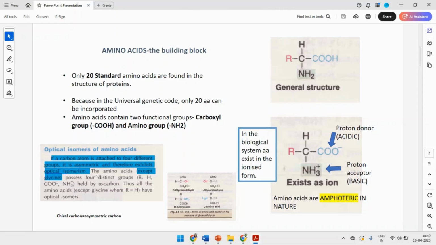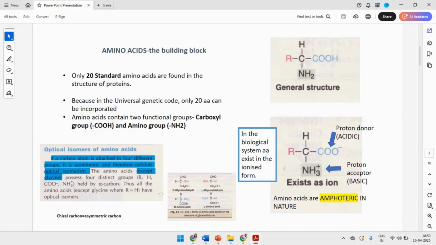Now, we know about optical isomerism, right? For example, अगर कोई carbon atom है and it is attached to four different groups, then we call that carbon to be asymmetric in nature and we say that it exhibits optical isomerism, right? Now, out of all the amino acids, glycine is the one which does not show any optical activity.